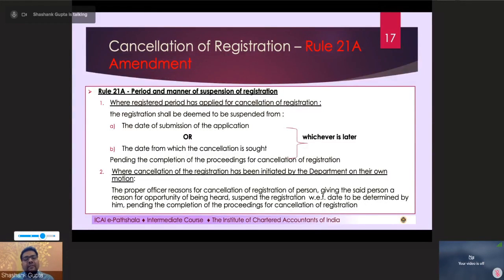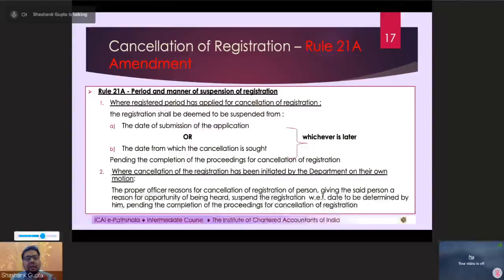and only once the government is satisfied, then they grant a cancellation, because once cancellation is granted, then that person becomes free. Okay. So that is why, while the taxpayer was filing the application for cancellation, the final cancellation was not being awarded because the application was to be reviewed by the tax officer.